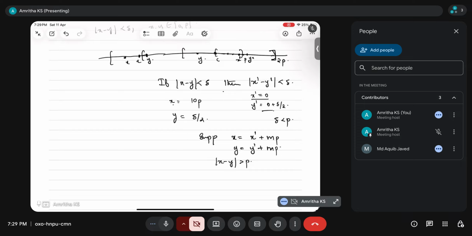The problem comes when you try to, or maybe I am wrong. So you are taking mod of x minus y less than delta wherever in this.